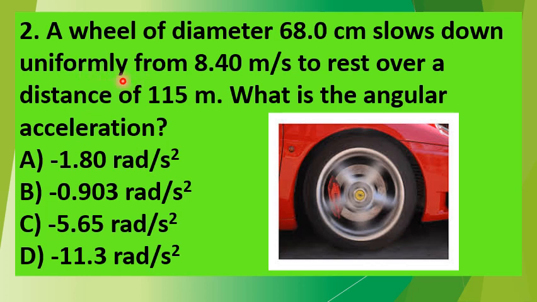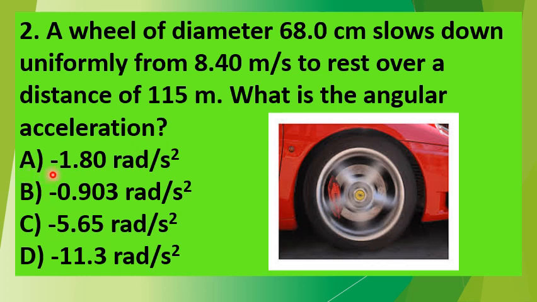Moving on to our last question, number 2. A wheel of diameter 68.0 centimeters slows down uniformly from 8.40 meters per second to rest over a distance of 115 meters. What is the angular acceleration?